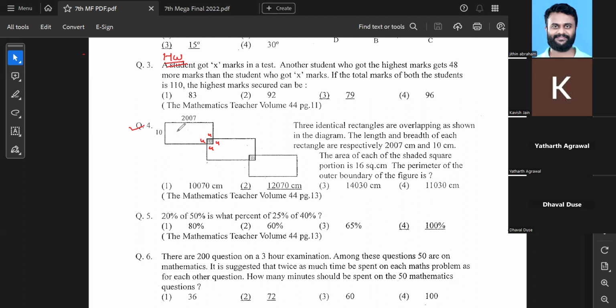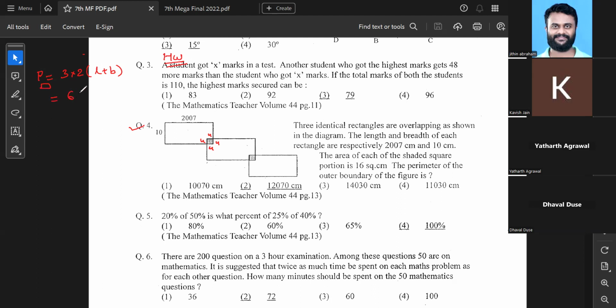So see, this is 2007 and 10. Let's find the perimeter of one rectangle or maybe all three rectangles. The total perimeter of all three rectangles will be 3 multiplied by 2 multiplied by length plus breadth, because 2 into L plus B is the perimeter of one rectangle, multiplied by 3 gives you the perimeter of all three rectangles.